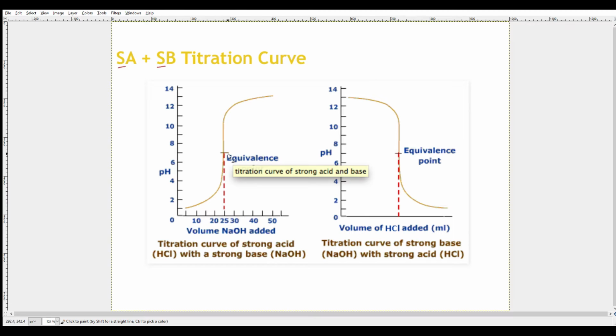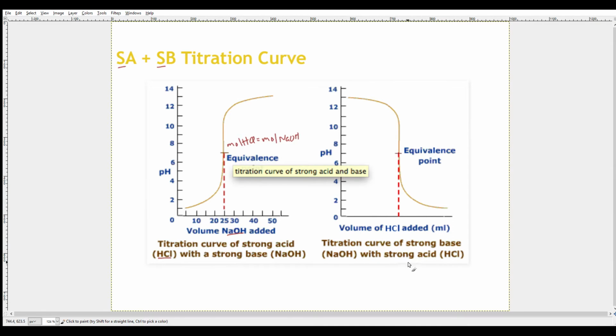Once you reach the equivalence point, which is halfway along this very straight line here, that's when you know the moles of hydrochloric acid are equal to the moles of the titrant added. They're telling us this is NaOH titrating hydrochloric acid.